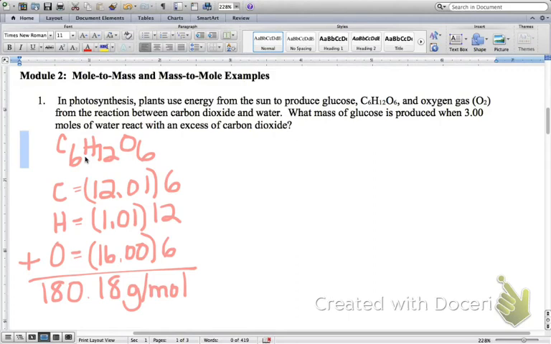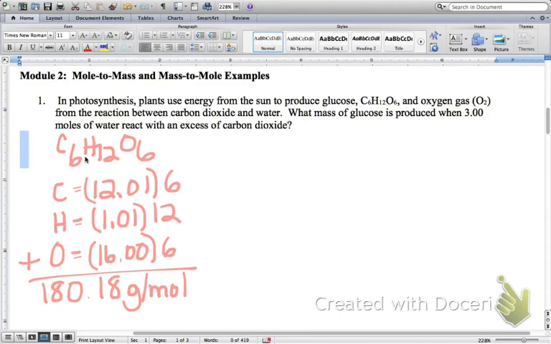Let me double check. 12.01 times 6 plus 12.12 plus 16 times 6. I'm getting 0.18. Yep. So that looks good. So we've got our molar mass now.